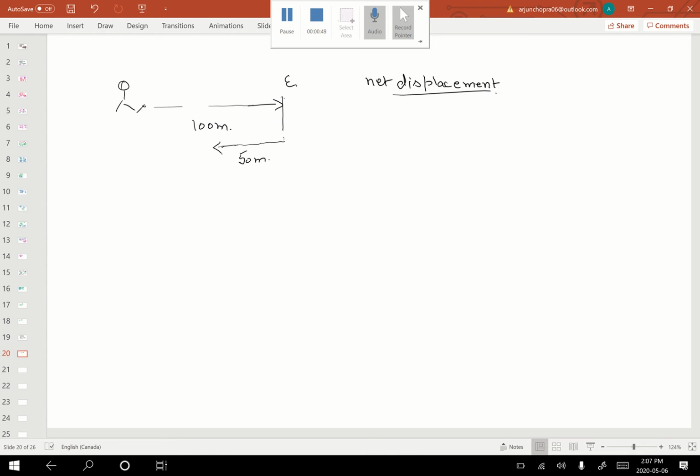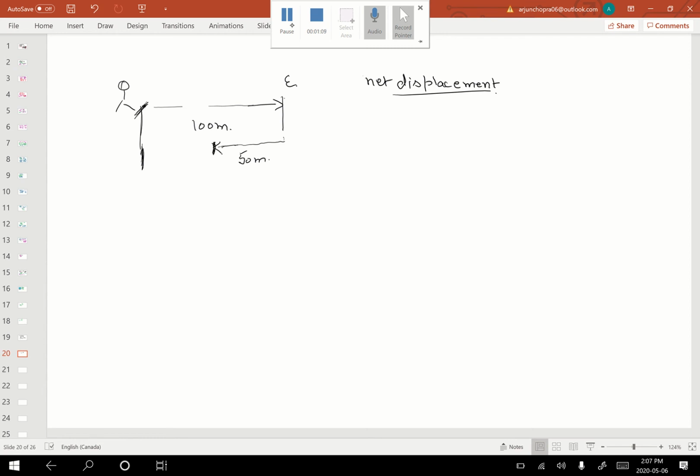So from where we started, this person started from this point, and it is the final distance from the original point in a specific direction. That's what displacement is.